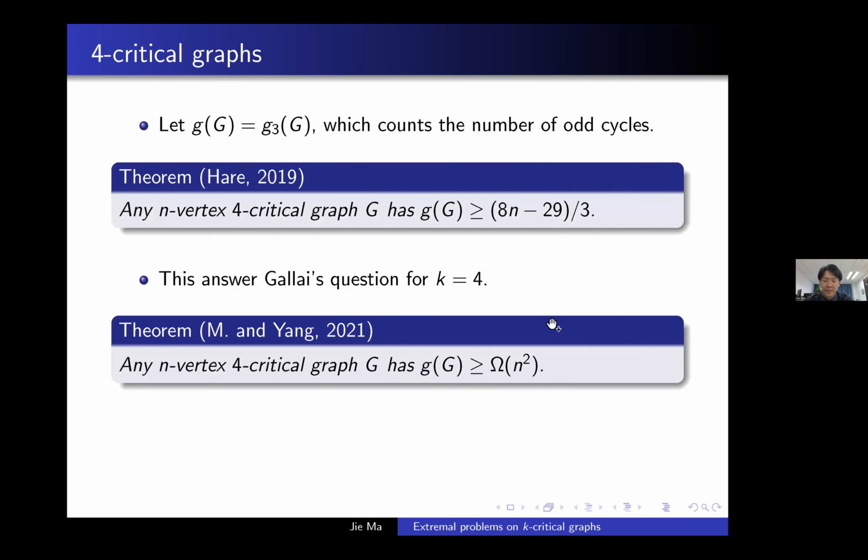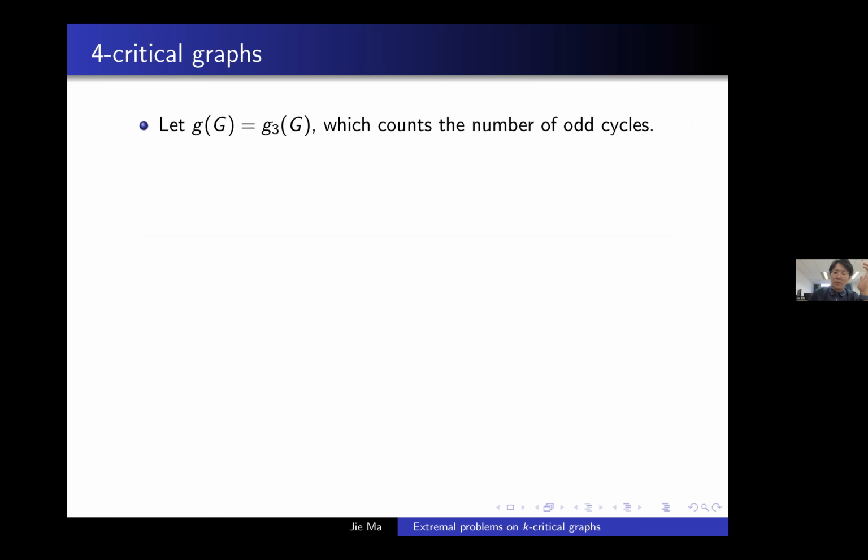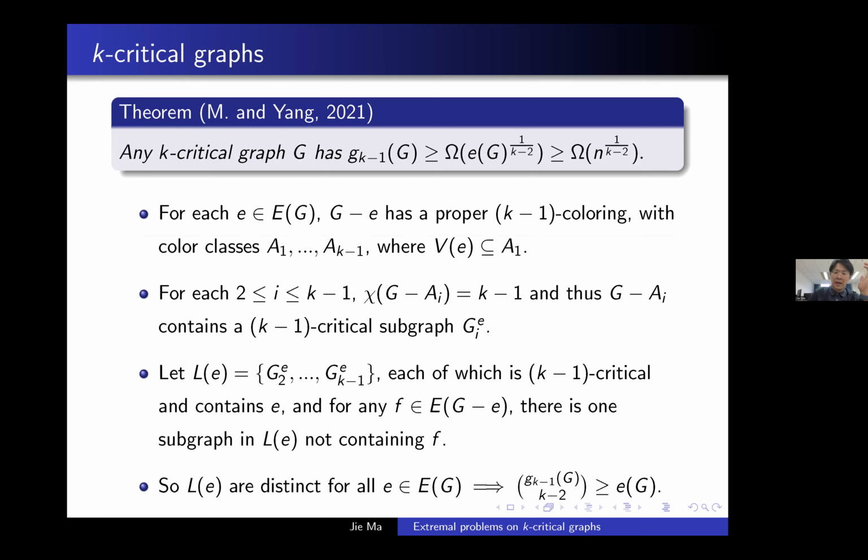So when K is 4, from the general result we only know square root of n, but from this other result it should be n squared. When K is bigger than 4, we know much less. We only know this.